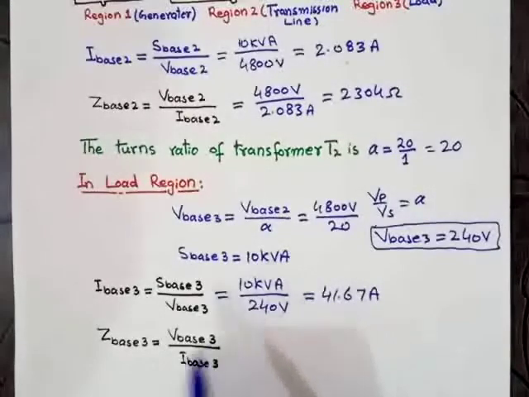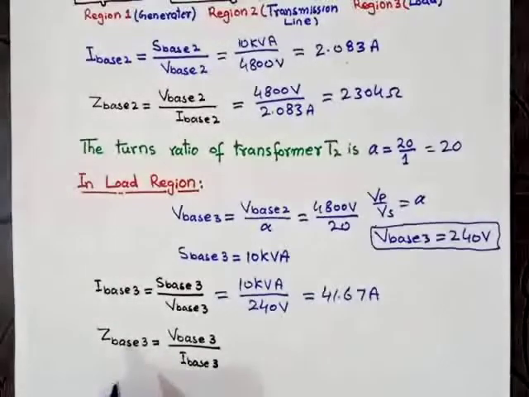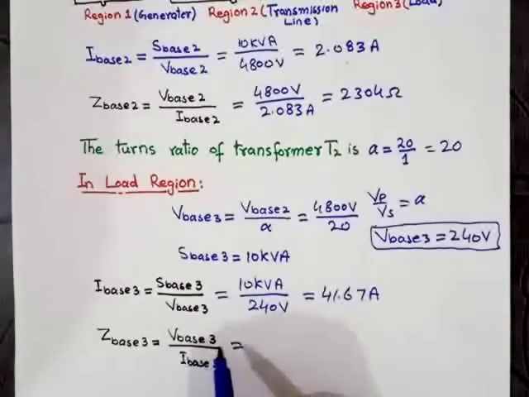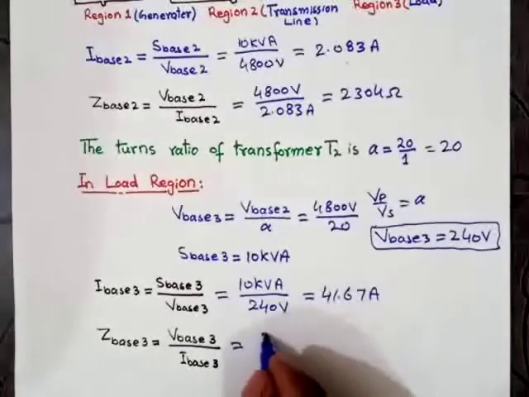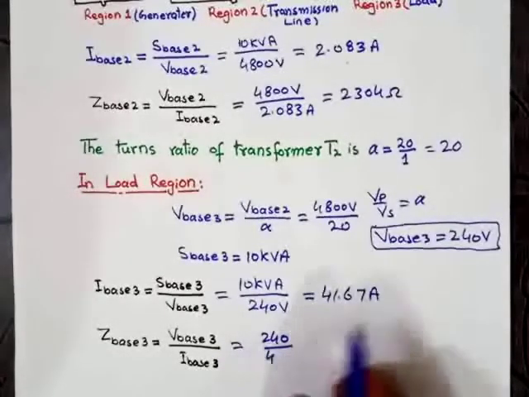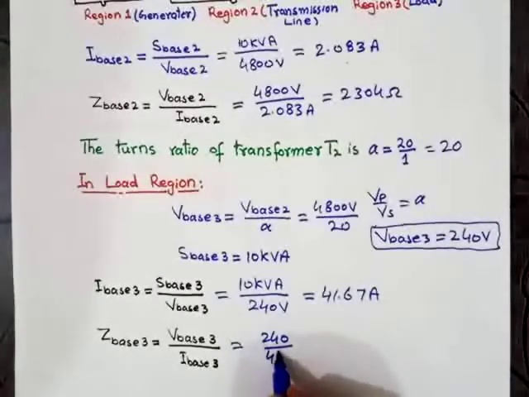Now we will find the base value of impedance, that is Z base 3. As we know, Z base 3 is equal to V base 3 over I base 3. Putting the value of V base 3 and I base 3 in this equation, we get the value of V base 3 is equal to 240 volt and the value of I base 3 is basically 41.67 ampere.